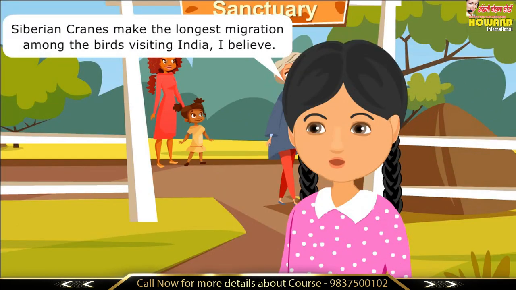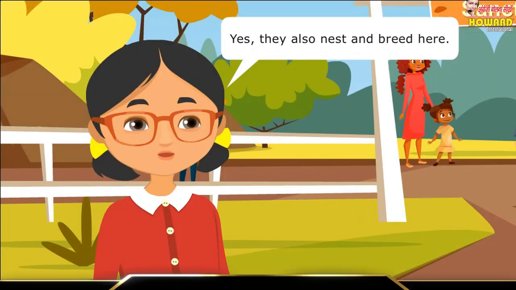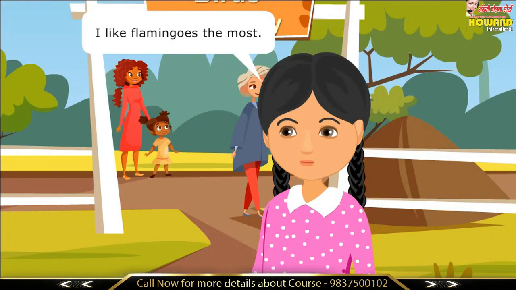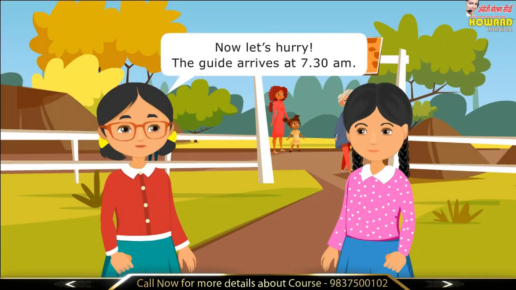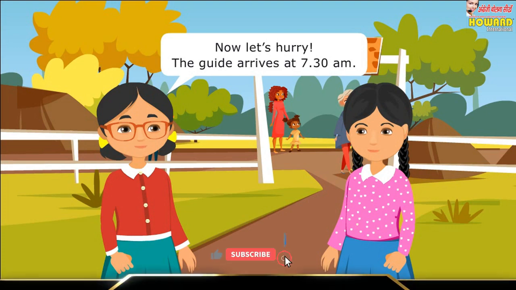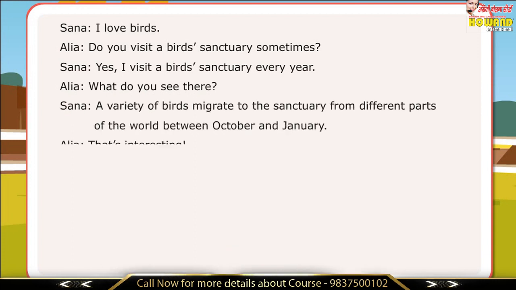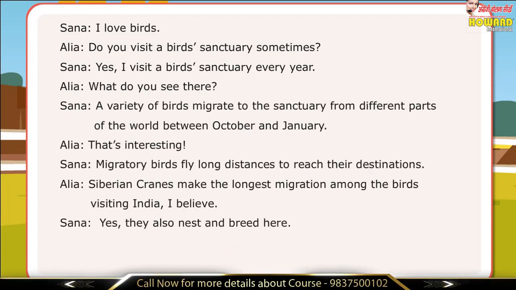Siberian cranes make the longest migration among the birds visiting India, I believe. Yes, they also nest and breed here. I like flamingos the most. Now let's hurry. The guide arrives at 7:30 a.m. In this dialogue between two friends, the verb is used in the present simple tense.